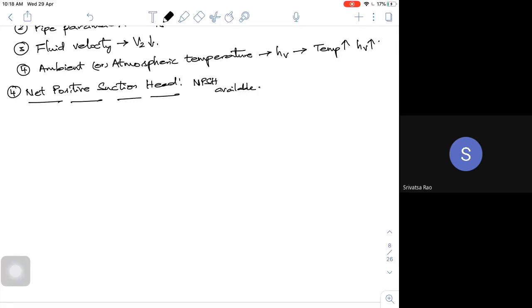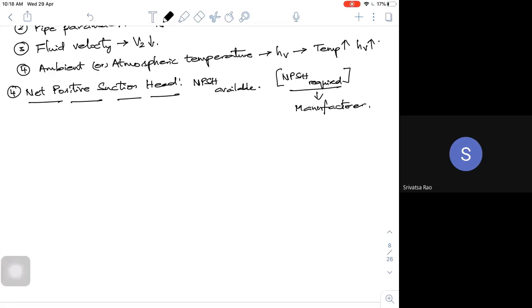So there are two types of NPSH. One is from the manufacturer of the pump. You are not designing this pump in your turbo machinery course, but should know it. This NPSH required is calculated by the manufacturer.